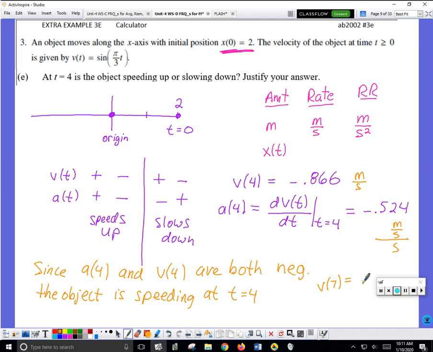Yeah, so we're finding the trends. And the acceleration is, oh wait, no, yeah, you're right.